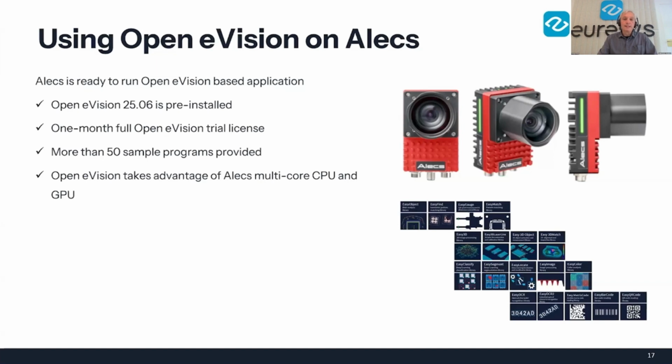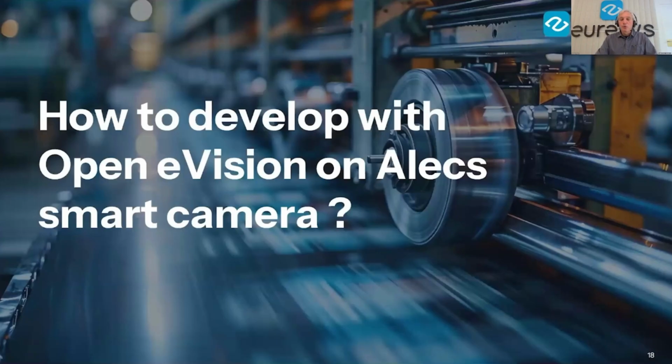There are more than 60 different sample programs provided using different frameworks and languages. And as I already said, Open eVision really takes advantage of the Alex multi-ARM CPU and GPU platform. So typically, how do we develop a vision application using Open eVision on the Alex smart camera?